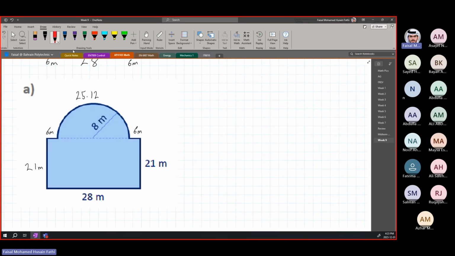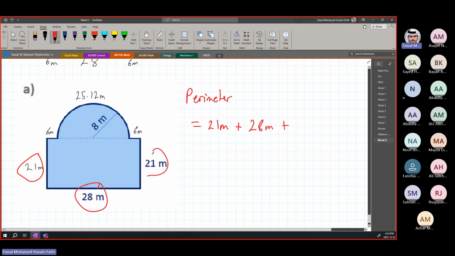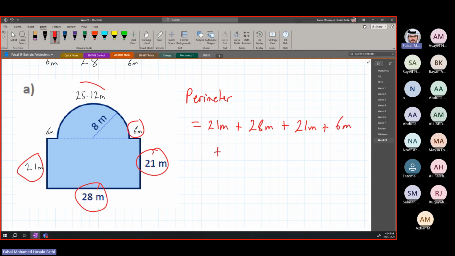And now we could just plug it all in to find the equation of the final perimeter, which is equal to 21 plus 28 meters plus 21 meters plus 6 meters plus 25.12 meters plus 6 meters.